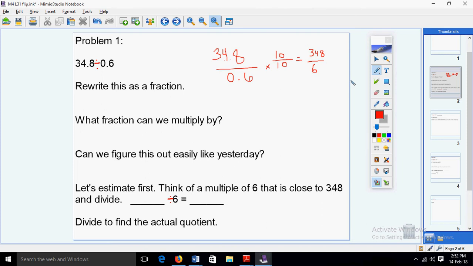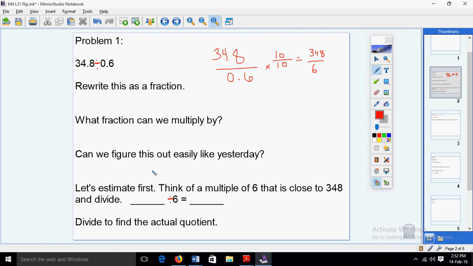So today we're adding the step of estimation before we actually solve it. So we're going to think of a multiple of 6 that's close to 348, but is easily divisible by 6.